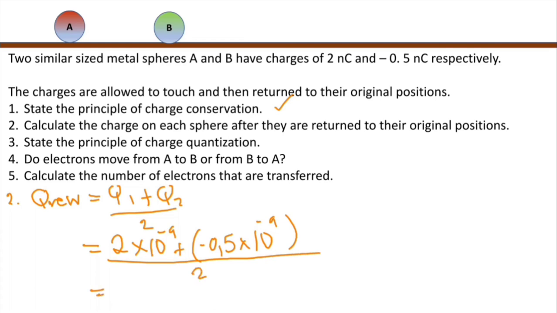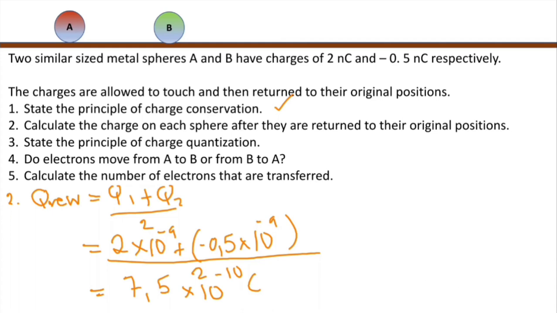Again, we use our calculator: 2 times 10 to the power minus 9 plus negative 0,5 times 10 to the power of negative 9, all over 2. This gives us 7,5 times 10 to the minus 10 coulombs.